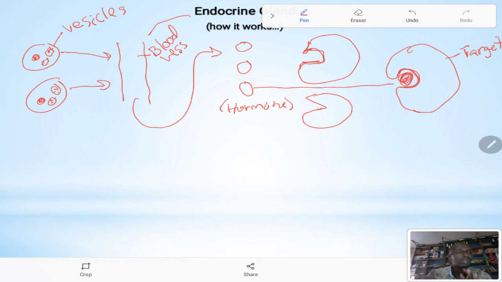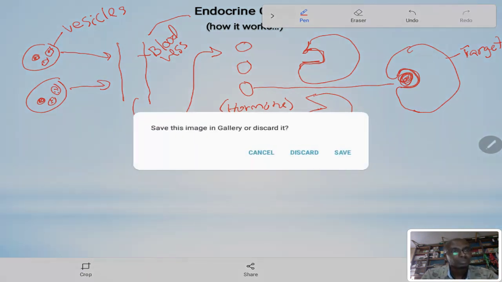What makes the hormones different is the shape. So the hormone goes directly to the cell that has the appropriate active site for that particular hormone.